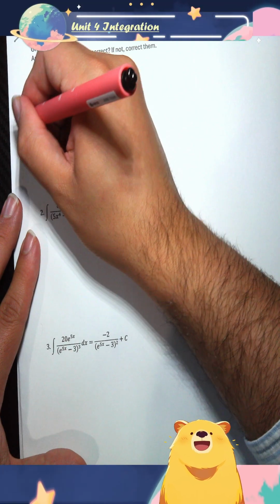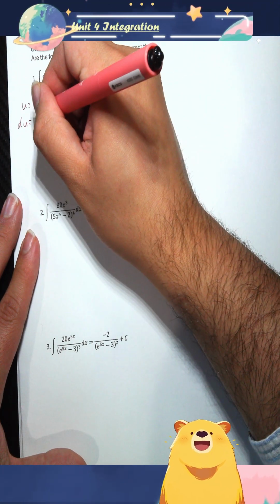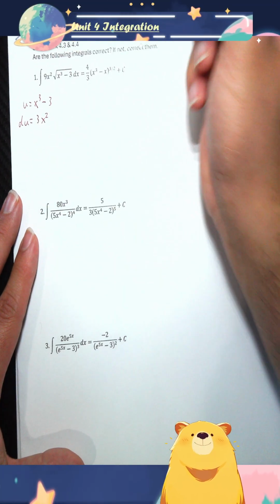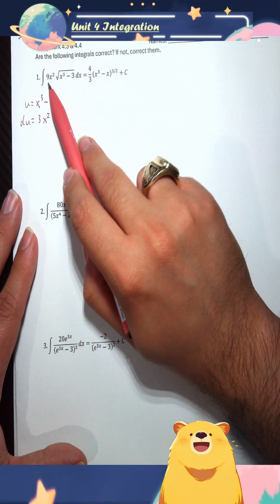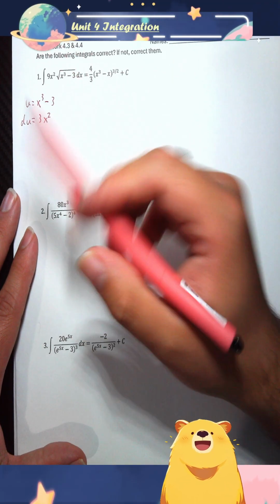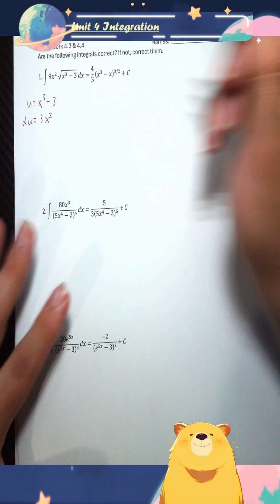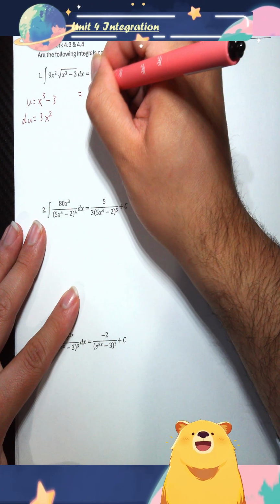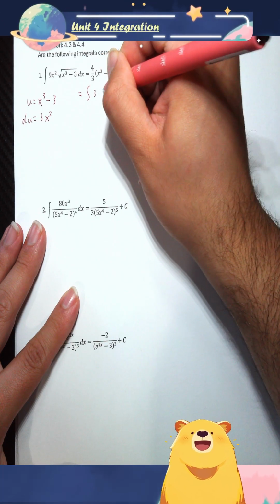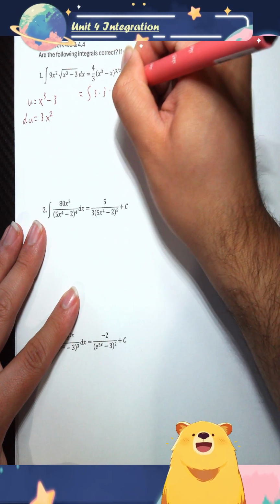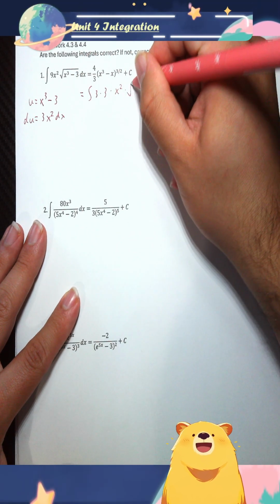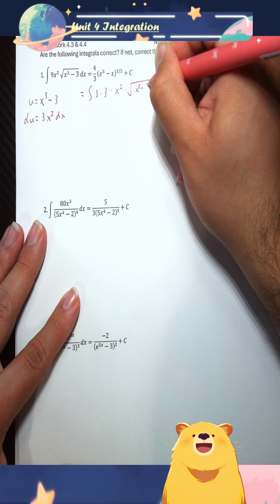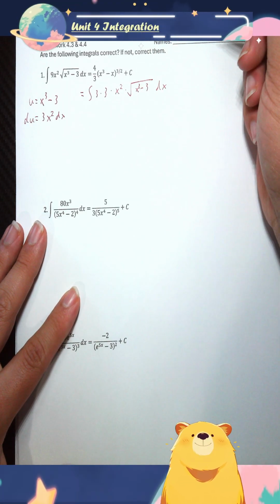And then du is 3x squared. Now, in this case, you don't have 3x squared, but you have 9, which you can factor out to be 3 times 3. So technically, you can rewrite this, mentally or literally, as 3 times 3x squared dx times the square root of x to the power of 3 minus 3, and then dx.